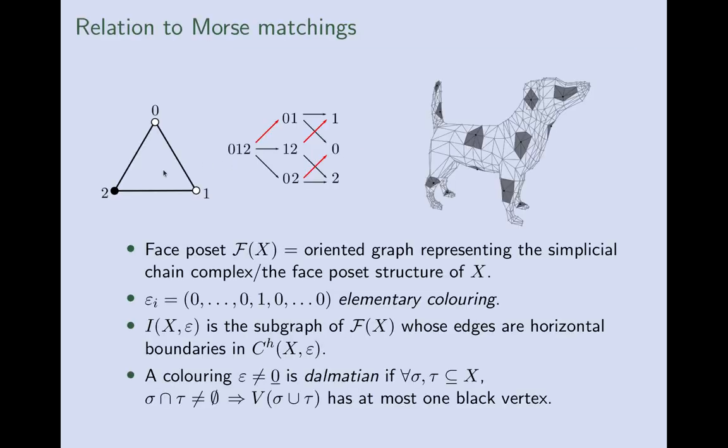In the earlier trivial example, there is only one black vertex, so this is a Dalmatian coloring, and indeed these red arrows give us a discrete Morse matching on this face poset, meaning that if we reverse the orientation of all the red arrows, we do not get any oriented cycle.